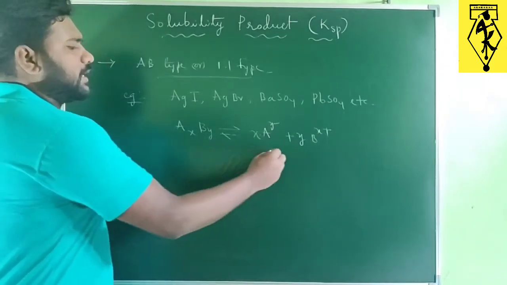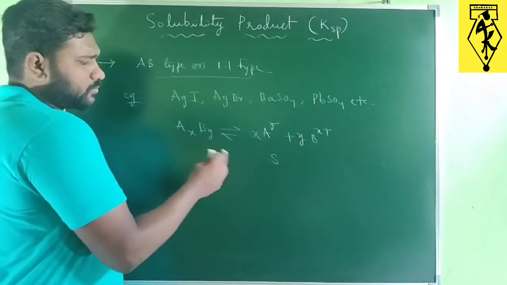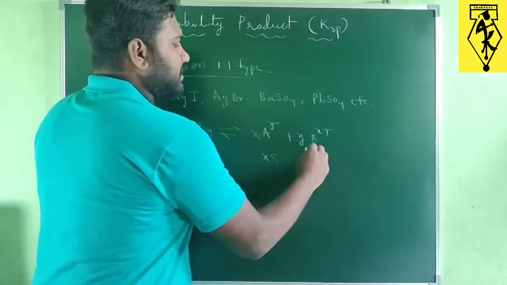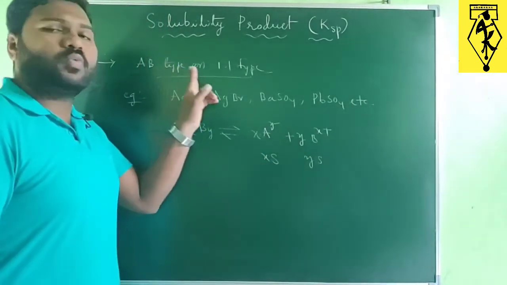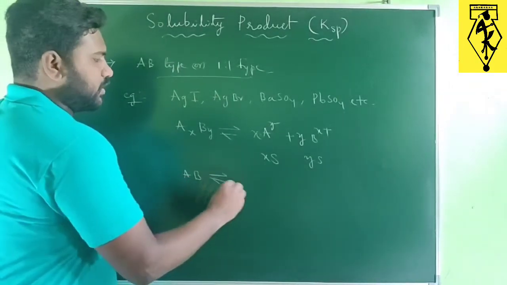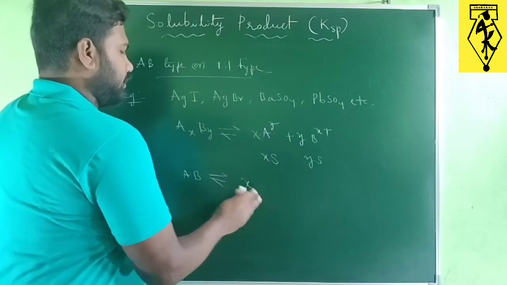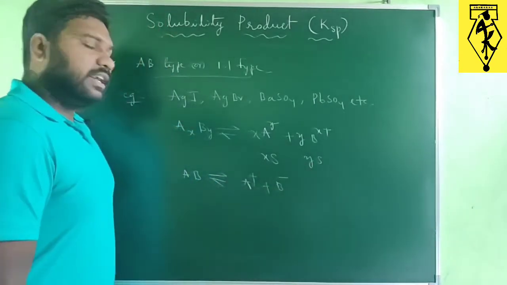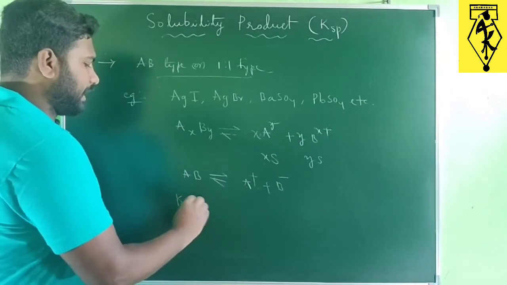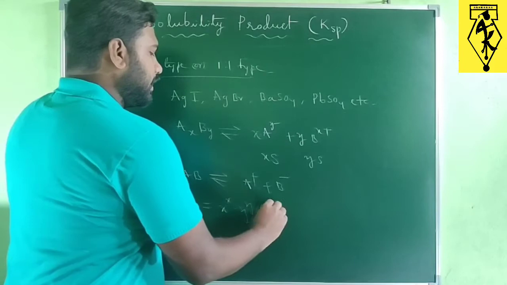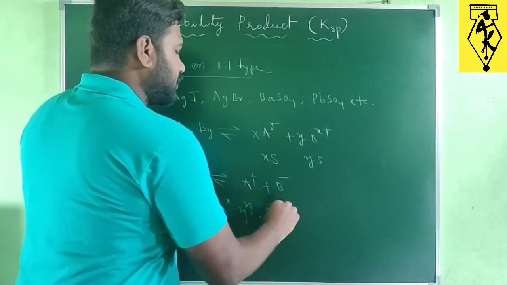Here S is the solubility of this electrolyte, and xS and yS are the ion concentrations. Particularly, we are discussing the 1:1 type of electrolyte, so AB equals A+ plus B-. What is the formula to calculate Ksp? That is x^x, y^y, and S^(x+y).